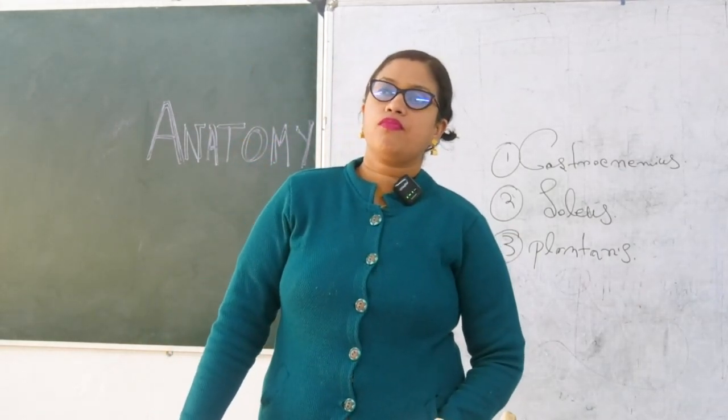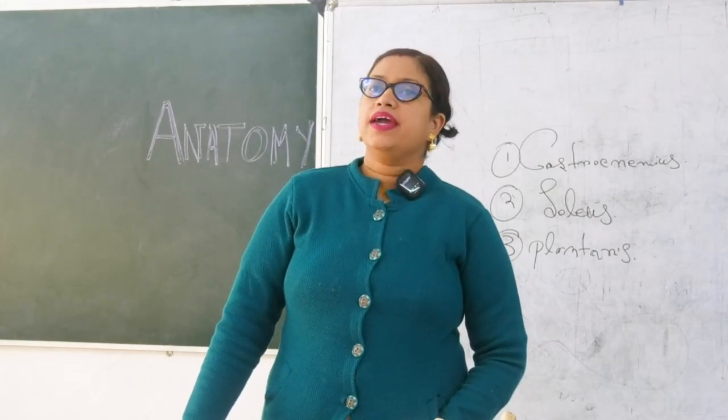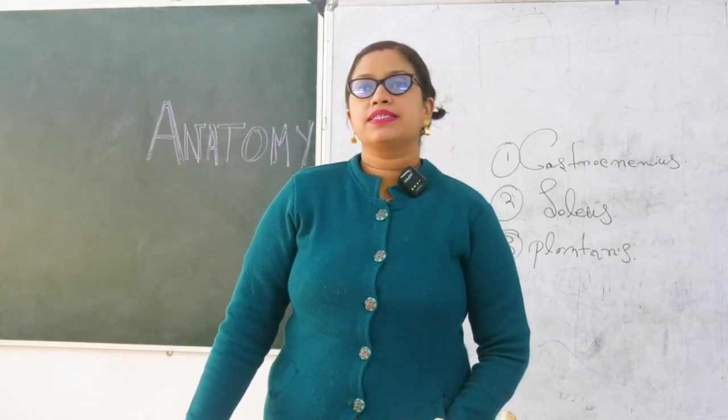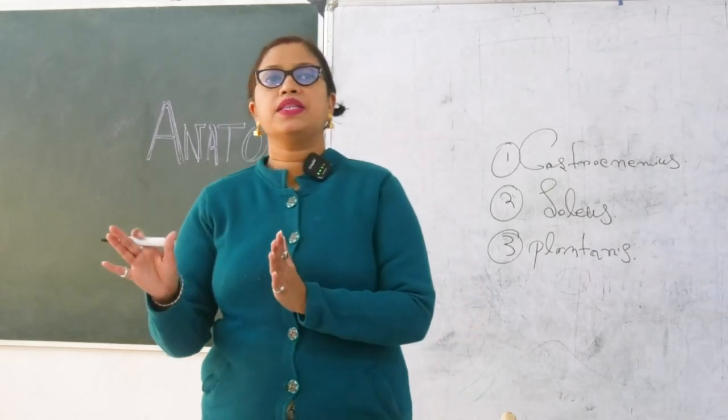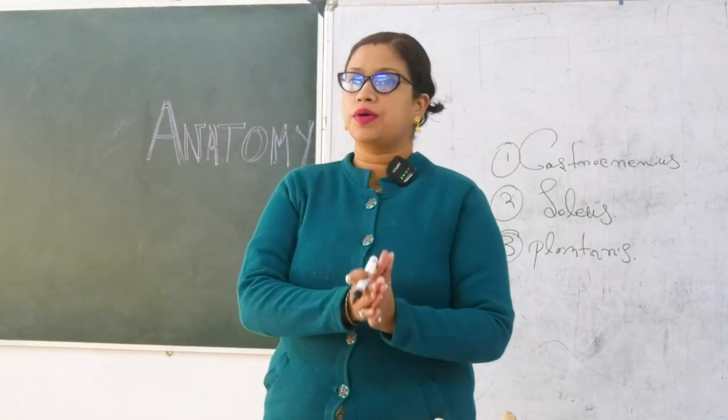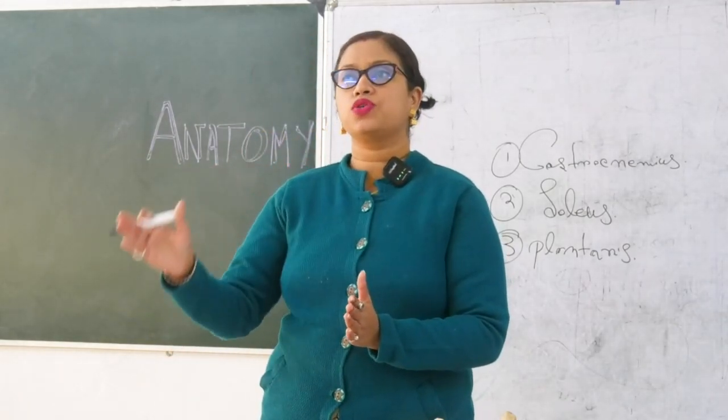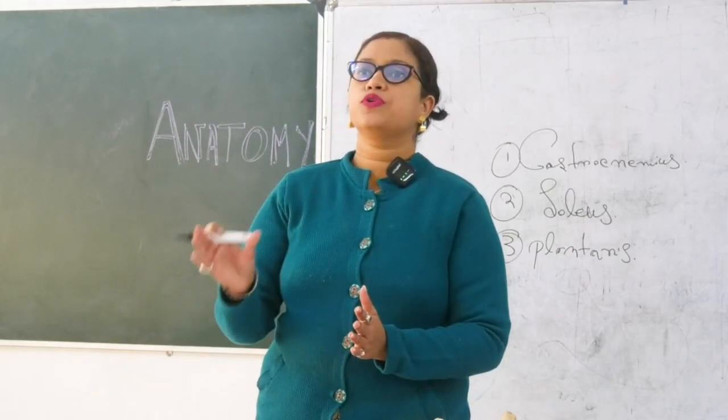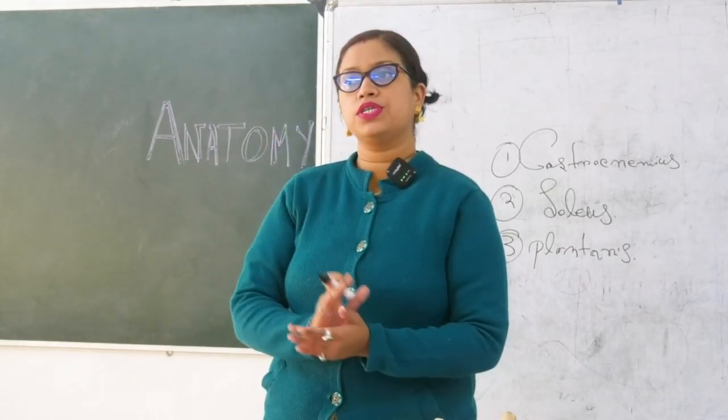So now one by one we will discuss. Just remember: flexor hallucis longus on the fibula, flexor digitorum longus on the tibia, and tibialis posterior on both tibia, fibula and interosseous membrane.